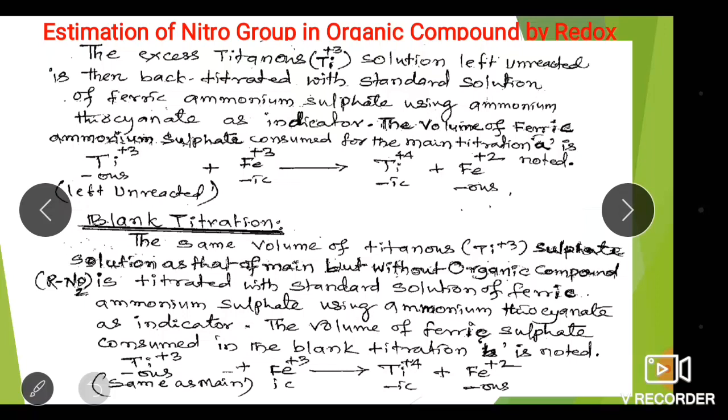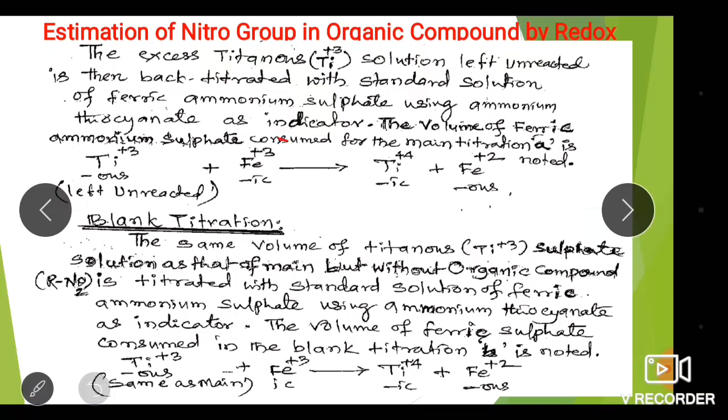The volume of ferric ammonium sulfate consumed for the main titration is A. Ti3+ plus Fe3+ gives oxidation of titanium and reduction of Fe3+ to Fe2+. The titanium solution is back titrated with the solution of ferric ammonium sulfate using ammonium thiocyanate as the indicator.